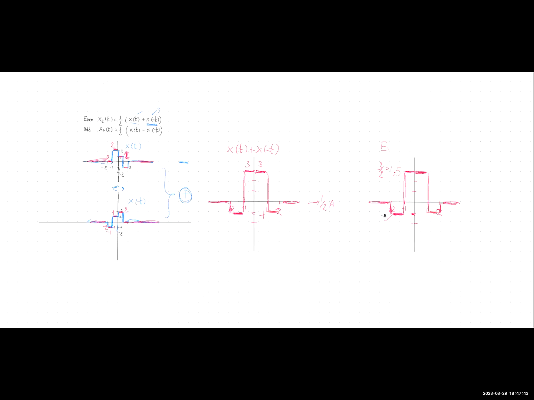This is the even function. Now, one thing to do at this point is a quick sanity check. Remember that the even function is symmetric around the vertical axis. So a quick sanity check should tell you, just visually, does it look symmetric? If it's not, then you probably did something wrong. You might want to go back and check your calculations.